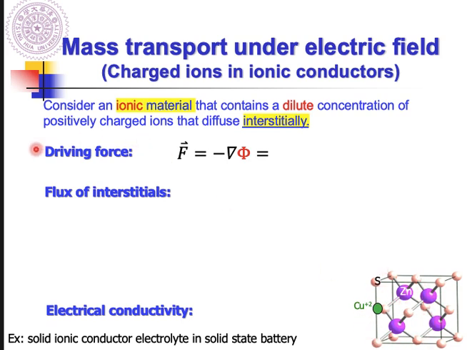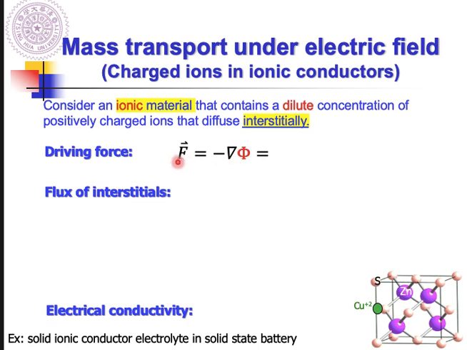Then next, we hope you can write down the driving force, the flux of these interstitials, and also the electrical conductivity of these doped ionic materials. Okay, so we start from the driving force. The driving force, as you know, is the minus potential gradient, right?